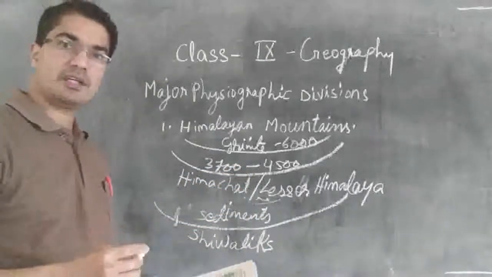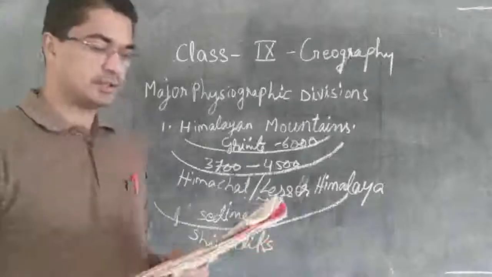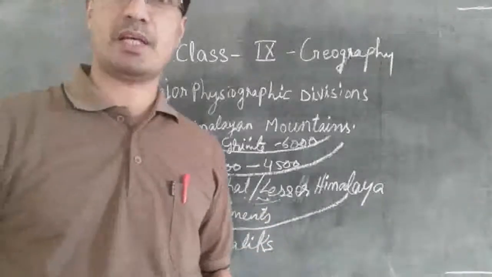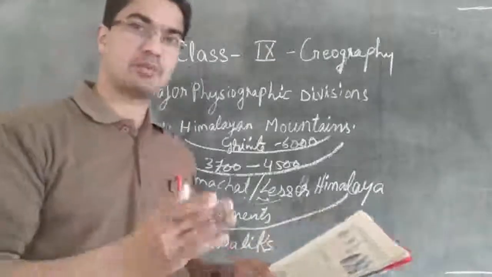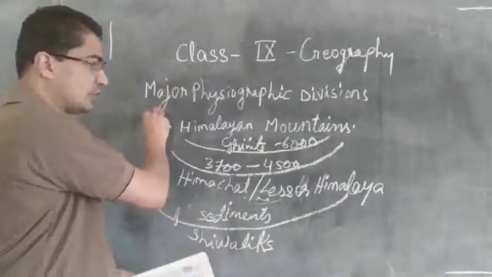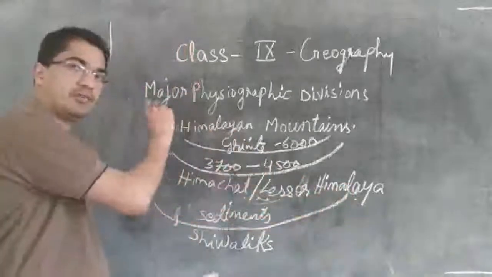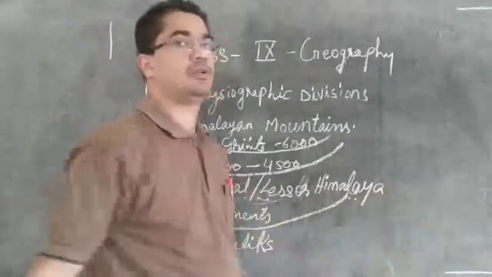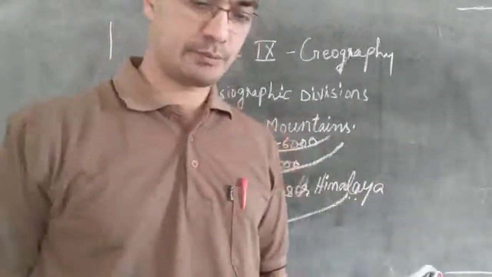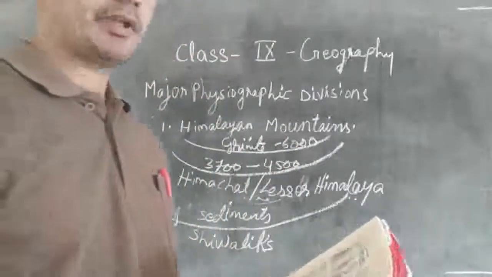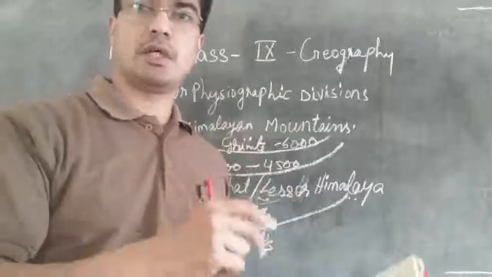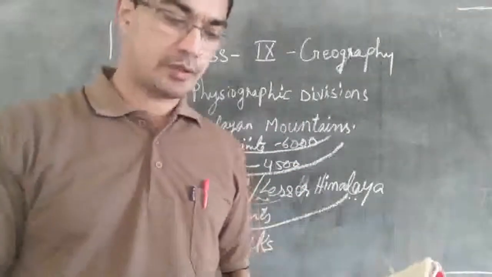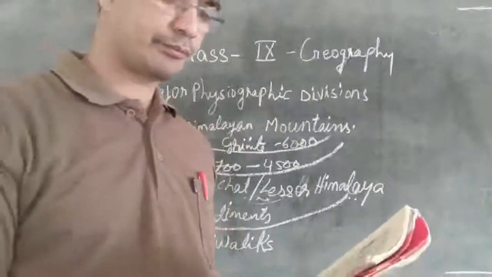So also we can give different names to the Himalayas depending on the place, starting from west to east, that is starting from Kashmir to Arunachal Pradesh. So these are different names for different states. The mountain is passing through different states, and different states are giving different names to that mountain.